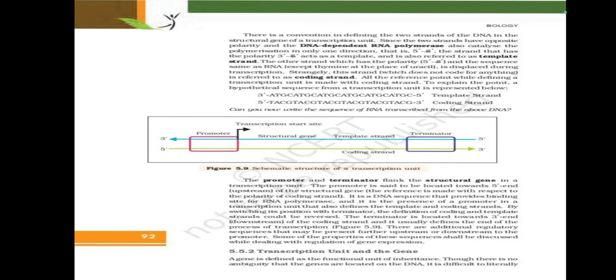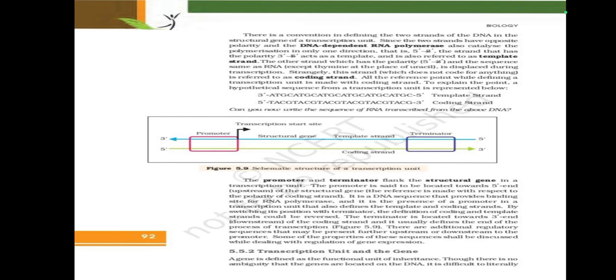There is a convention in defining the two strands of the DNA in the structural gene of a transcription unit. Since the two strands have opposite polarity and the DNA dependent RNA polymerase also catalyzes the polymerization in only one direction, that is 5 prime to 3 prime, the strand that has the polarity 3 prime to 5 prime acts as a template and is also referred to as the template strand.